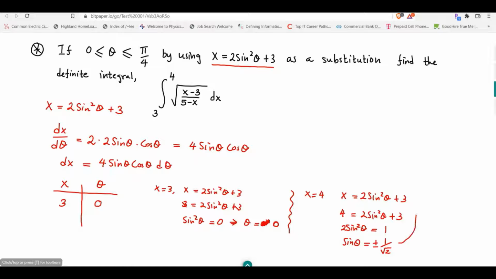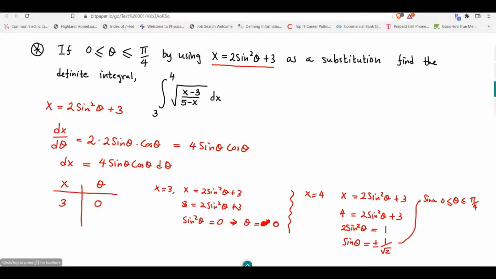So from here, since our theta is defined for this closed range of 0 and pi over 4, that means it's going to be an angle in the first quadrant, from 0 to pi over 2, right? It's a small angle. For small angles, sine theta will have a positive value, so we can disregard the negative value.